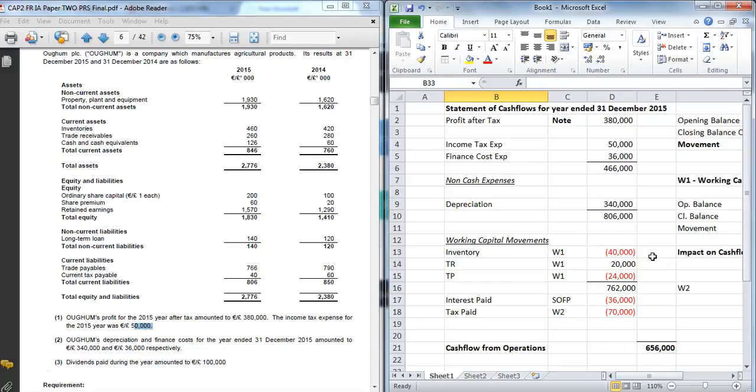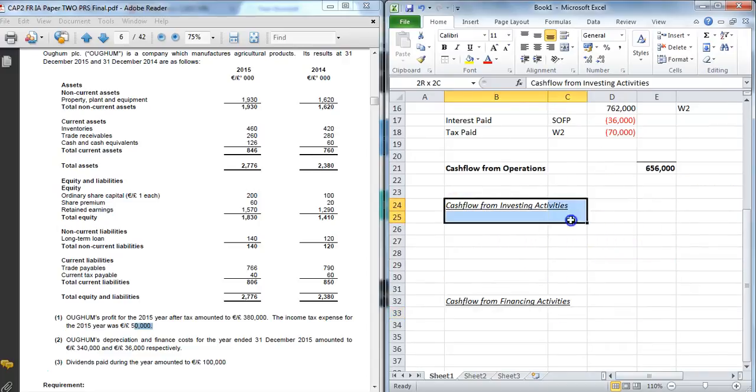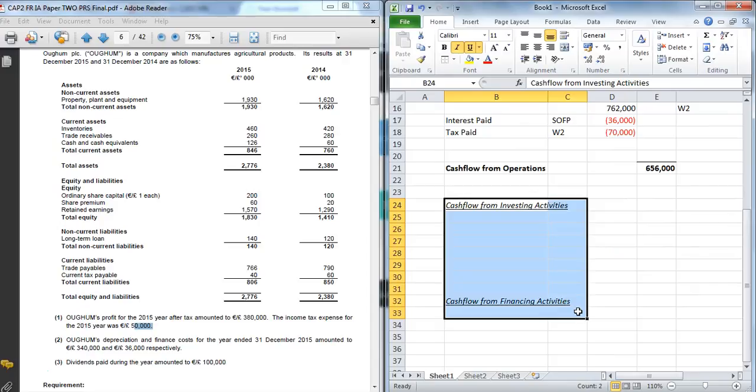Then set up your headings, investing activities and financing activities, and just leave a couple of lines. Then, just to make sure you don't miss any line item, start in the statement of financial position and work down and explain every line as you go. That avoids you making any mistake, and you'll always make sure you've hit every line item. Because the statement of cash flow is essentially asking you to explain every movement for the statement of financial position. And we'll have some of them explained already, and others we'll have to get to as we go down along.